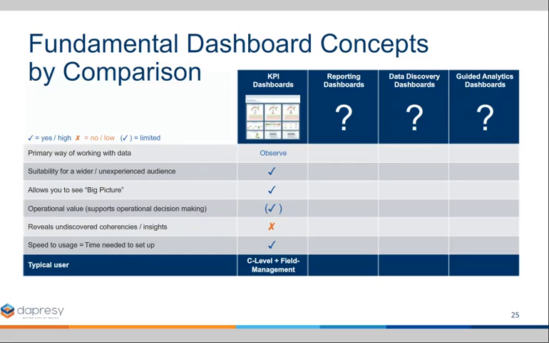There's no ability to correlate measures, etc. So that is very limited, but in the end, the speed to usage, the time needed to set it up, is very fast since it's just a one-pager. So this is, I would say, the mother of dashboards, and the most simple one.